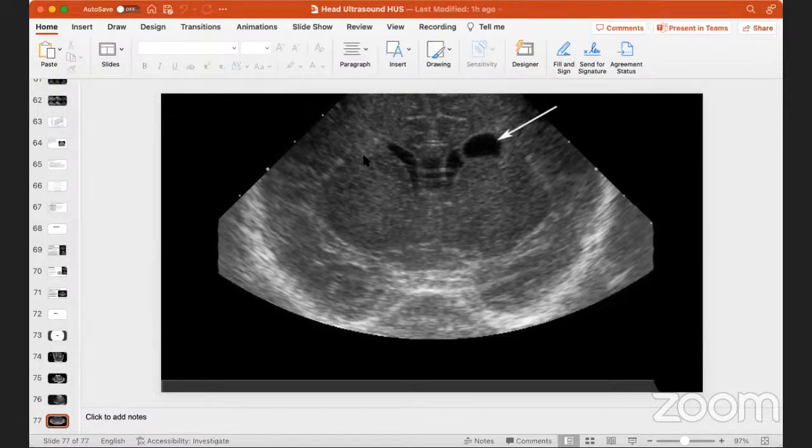The second is, we use a low frequency probe to do the head ultrasound most of the time. But in my experience, and I have seen this, if you use a high frequency linear probe, it gives you better resolution.